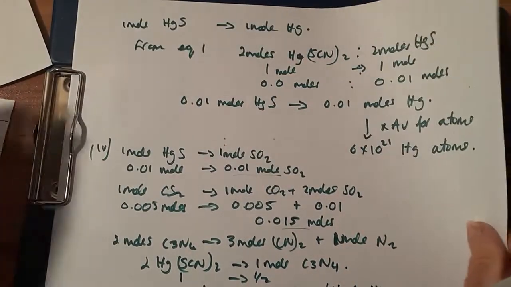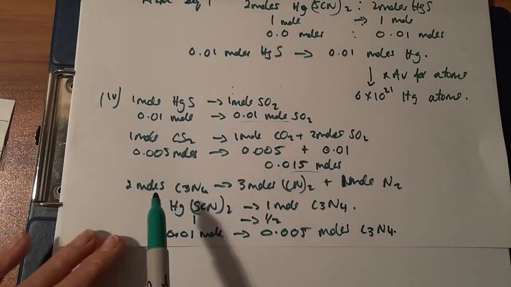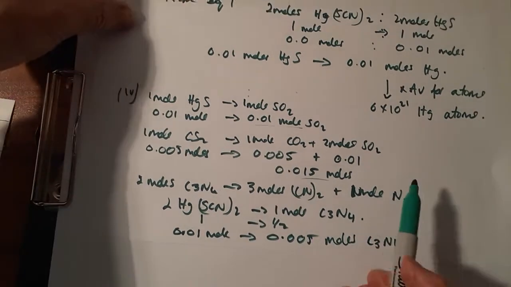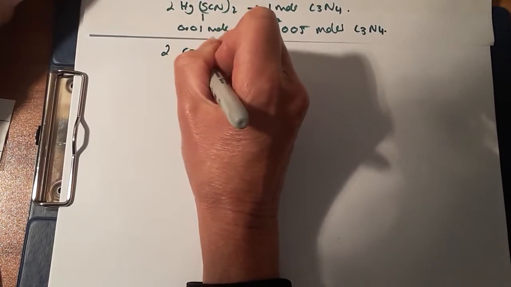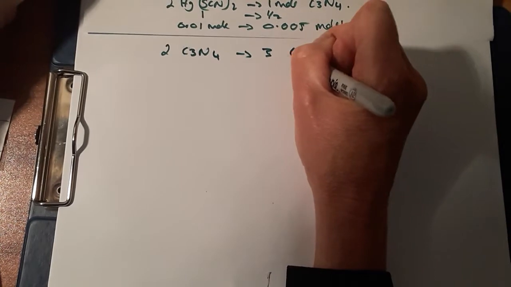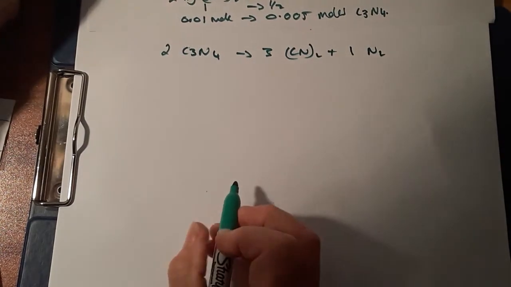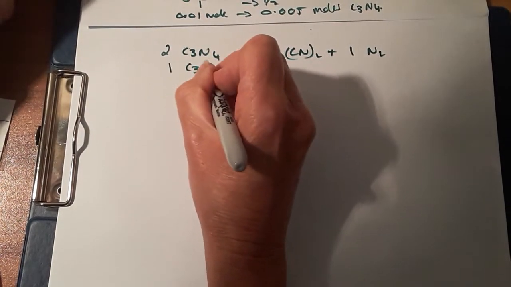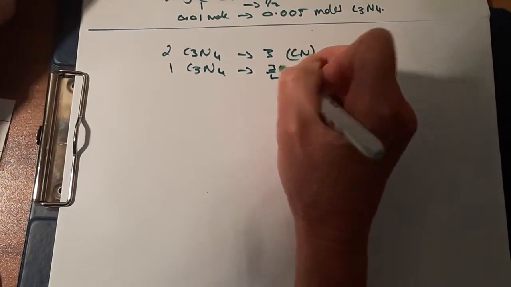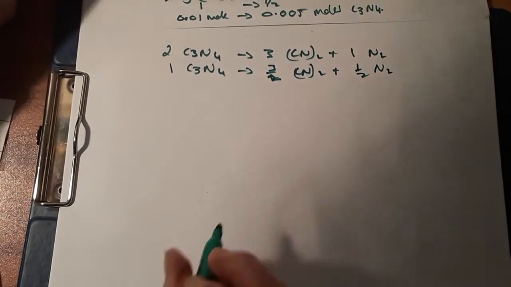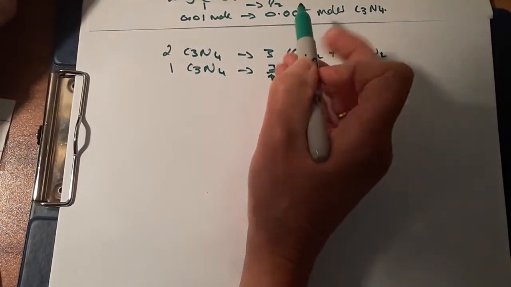Now, C3N4. So 2 moles of C3N4 will give you 3 moles of CN2 and 1 mole of N2. Okay, so 2 moles of C3N4 gives you 3 moles of CN2 and 1 mole of nitrogen. And they're all gases. So if you had 1 mole of C3N4, that would give you 3/2 moles of CN2 plus a half a mole of N2. So how much of this do we have? We've got 0.005.